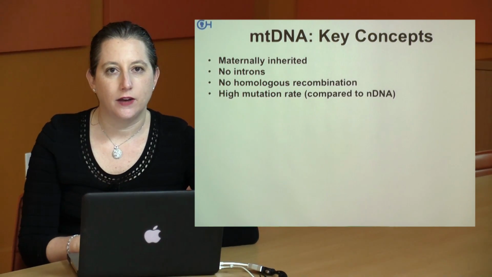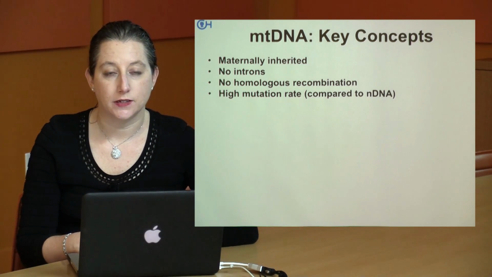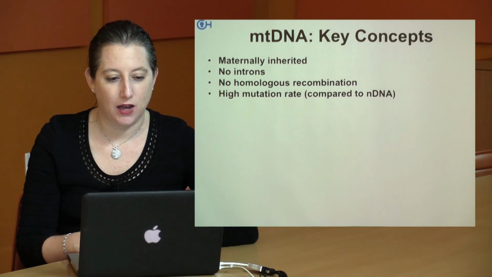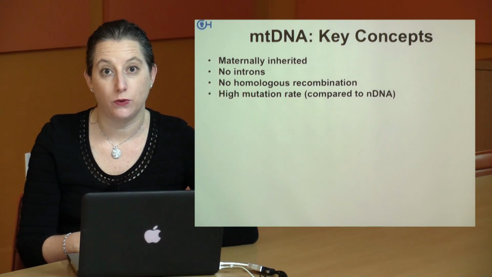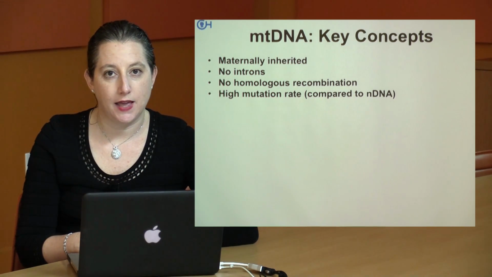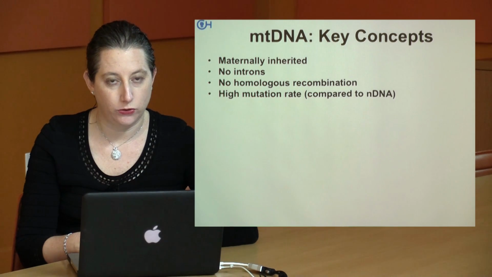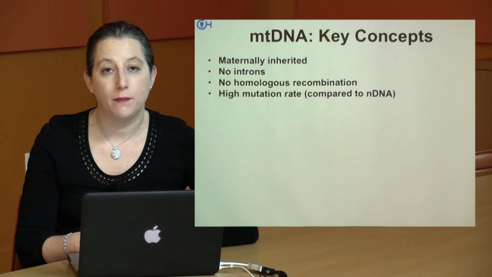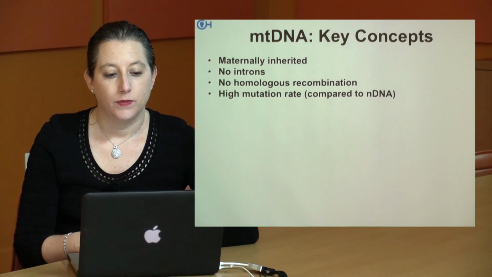When we think about mitochondrial DNA, it has very specific inheritance pattern and genomic features. It is maternally inherited solely in mammals. It is different in other species, but in mammals, including us, humans, it is only inherited through the oocyte. There are no introns in the genes within the mitochondrial DNA, which is quite different than the genes within the nuclear DNA. There is also no homologous recombination.